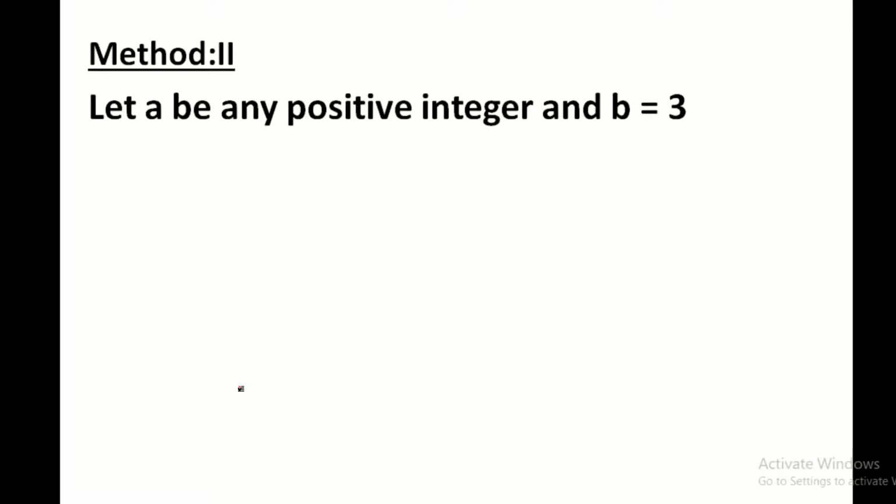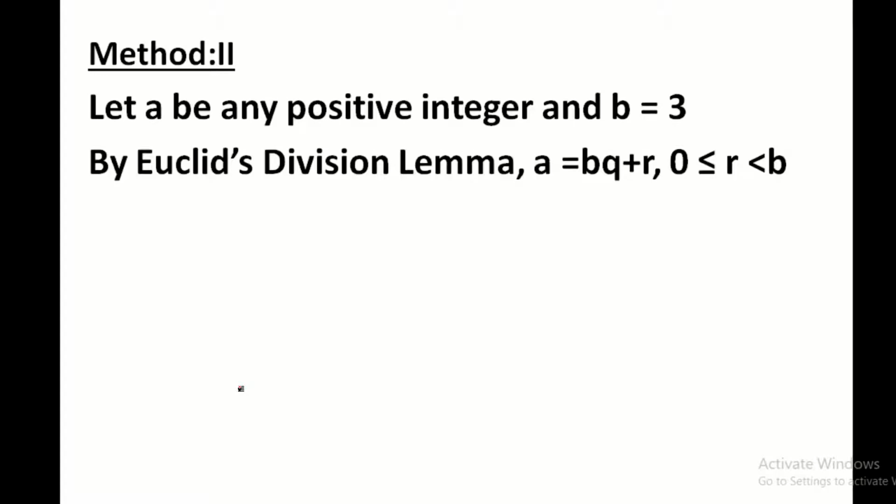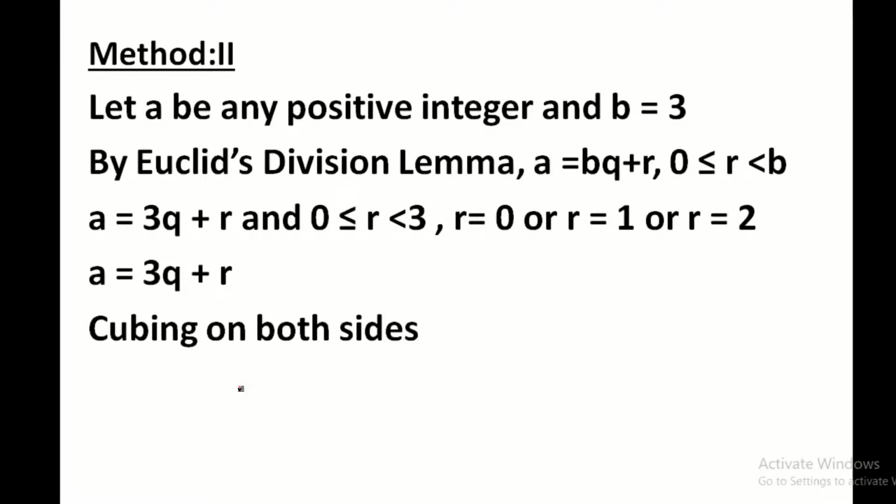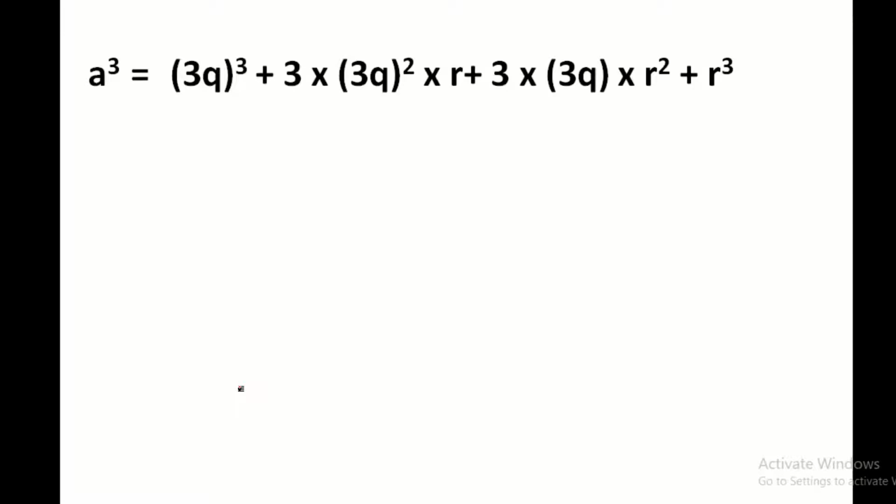Similarly, I tried another method which I think will be much easier than the previous one. Let a be any positive integer and b is equal to 3, which are the conditions given in our problem. By definition we can write a is equal to 3q plus r, where r is equal to 0, 1 or 2. Here I am cubing on both sides, applying the same formula, a plus b whole cube, and we get that expansion.